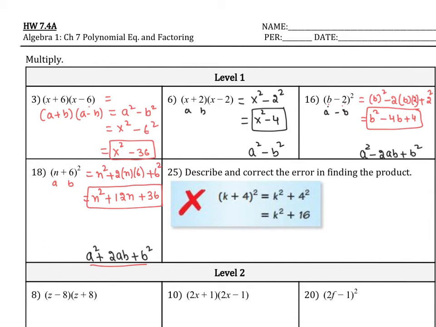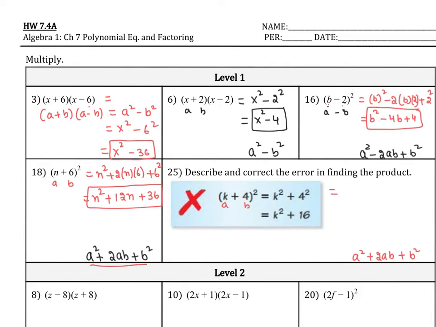For 25, we're going to see what is the error in this one. Again, the formula should be a² + 2ab + b², where a is k, b is 4.